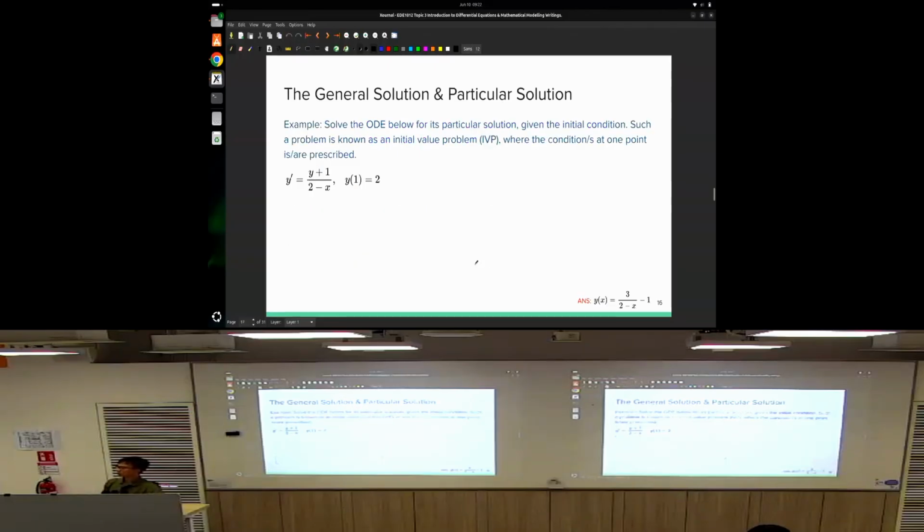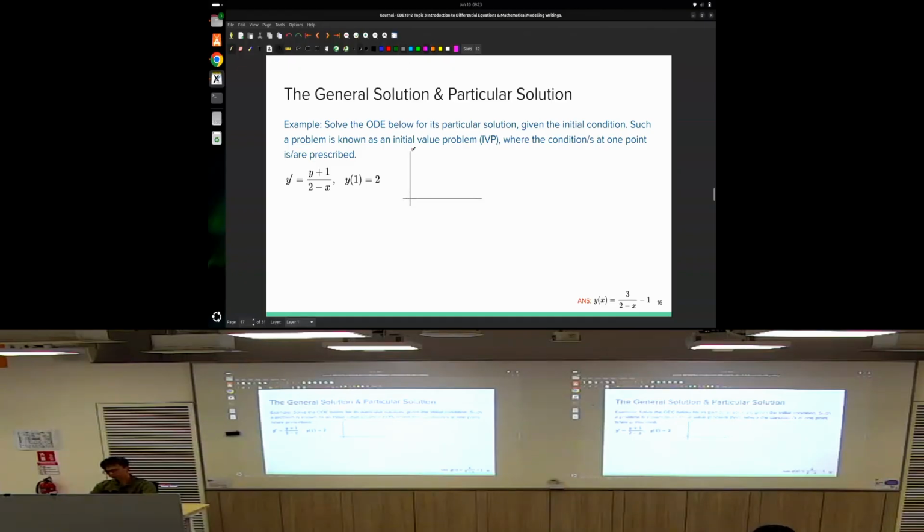So, a further example. Now you're supposed to solve this ODE below for its particular solution given the initial condition. This problem is known as an initial value problem, where the condition at one point is given. What does this mean? If you were to plot the graph, because if you want to plot the solution, as you'll see later on, usually we need to plot out the solution after we have obtained it, to inspect.